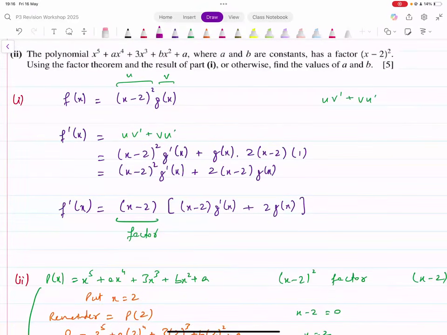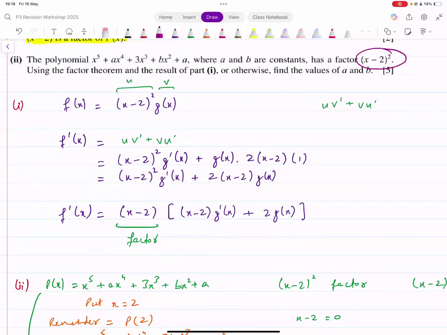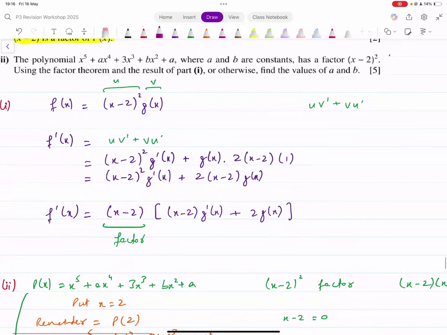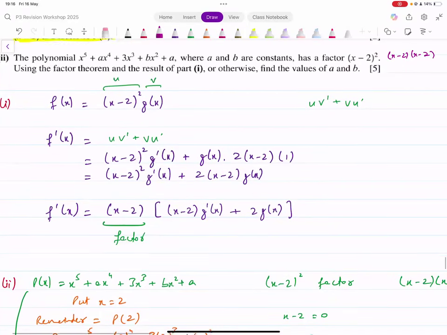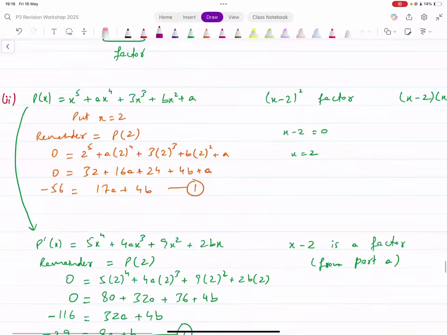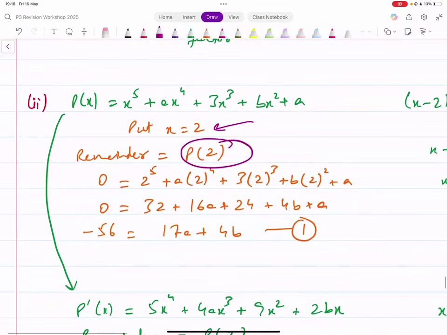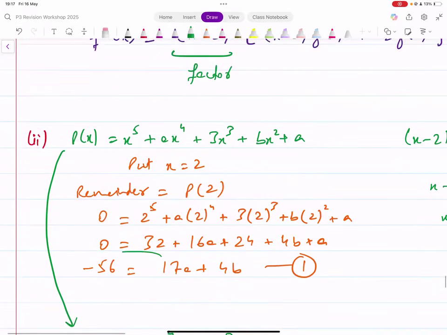We are given one factor for this, x minus 2 whole squared. We could consider this as x minus 2 into x minus 2, right? So there's one linear factor that we've got from this, that's x minus 2. We can use remainder theorem on this, put x equals 2 in that. Remainder equals p of 2. Since it's a factor, it has to be equal to 0 here. We put the remainder equal to 0, and that gives us this equation.